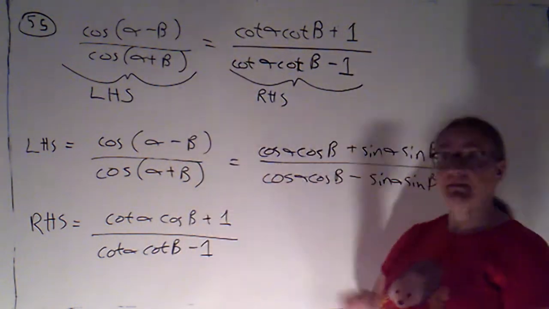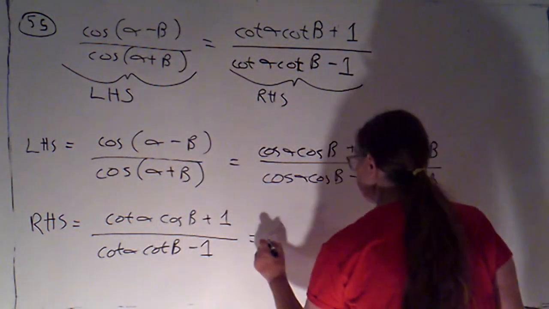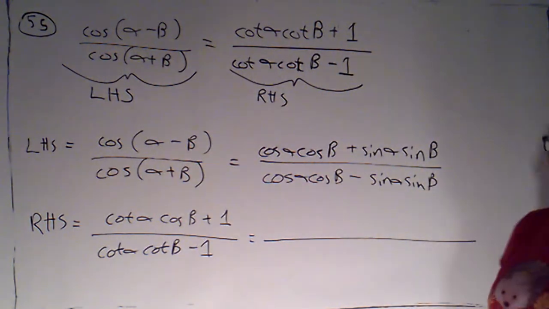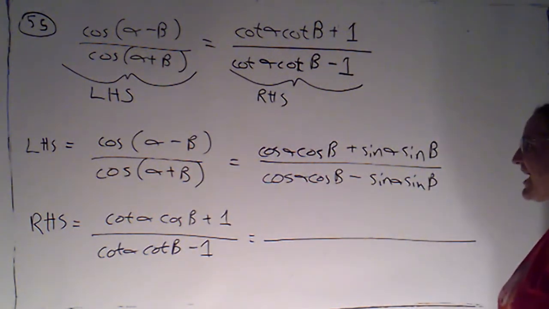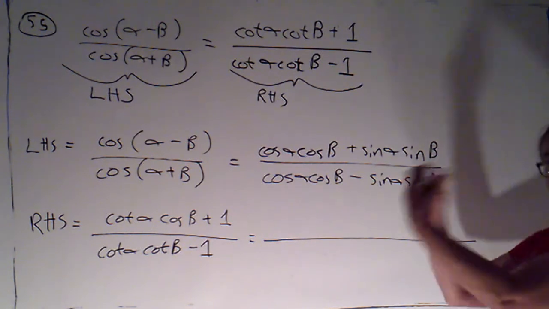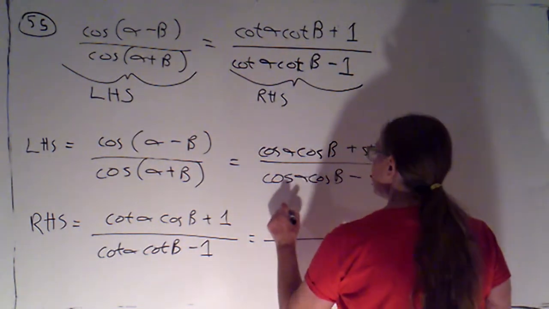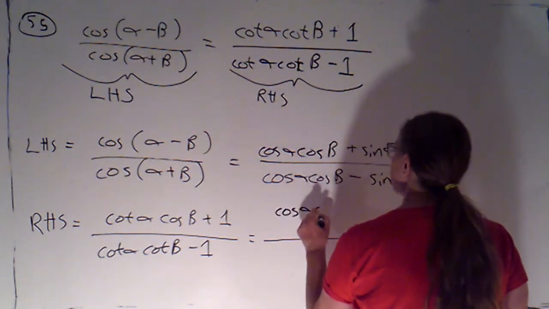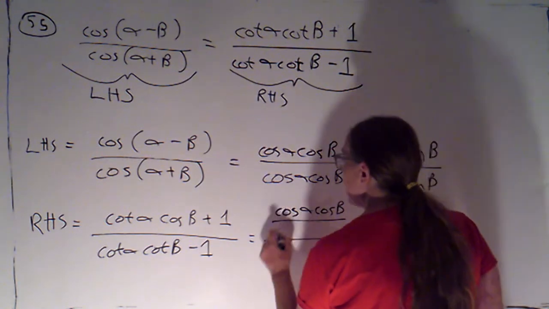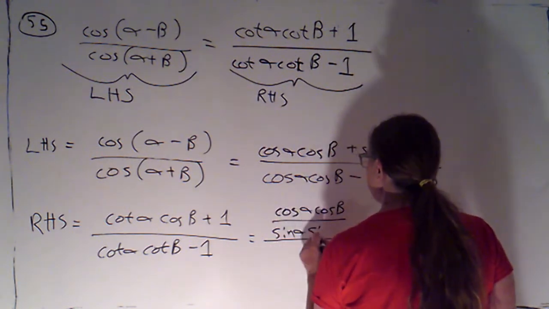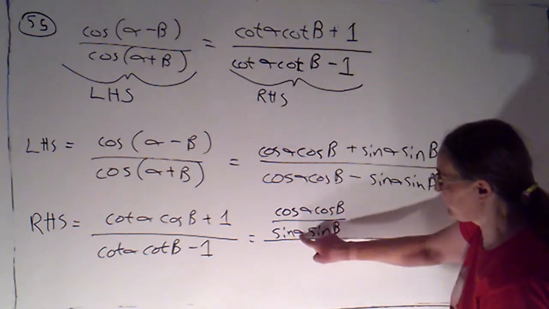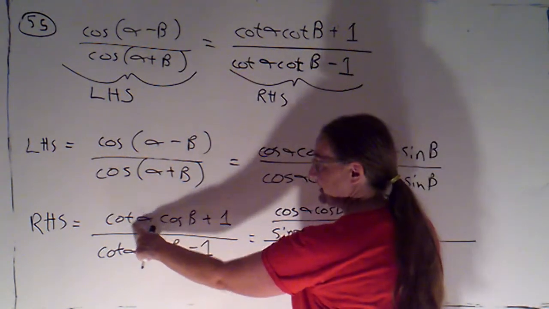And I'm just going to write this in terms of sines and cosines. So that's going to create a lovely mess. That's going to be a complex fraction. But cotangent is just cosine over sine. So this is cosine of alpha, cosine of beta over sine of alpha, sine of beta. Cosine alpha over sine alpha, that's my cotangent alpha.